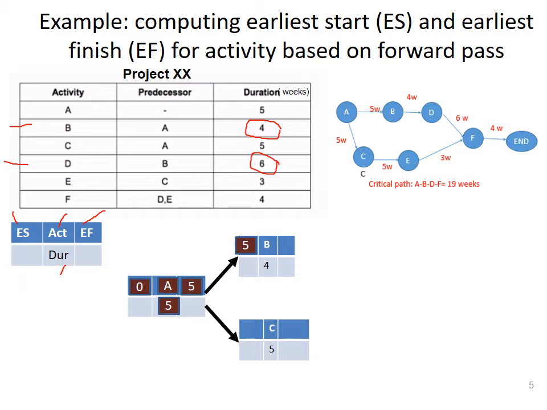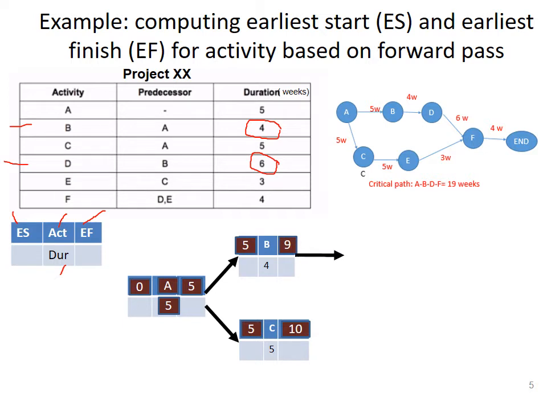Oleh itu B hanya boleh dimulakan pada minggu ke-5. So B will take 4 weeks to complete. So 5 plus 4 meaning B will complete on week 9. Begitu juga dengan C. C hanya boleh dimulakan pada week ke-5 iaitu after activity A habis. Dan C akan complete pada minggu ke-10 iaitu 5 plus 5 durationnya.